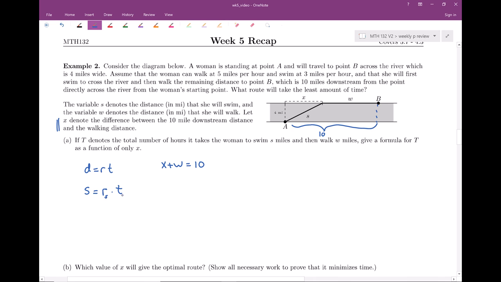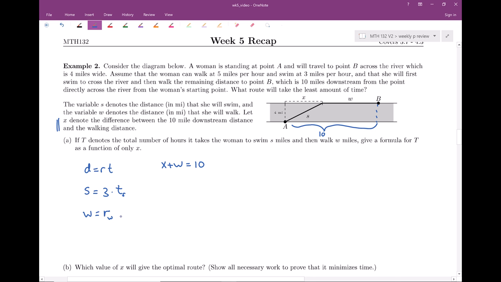We can use little subscript notations for swimming, and in fact we see that she can swim at 3 miles per hour, so her rate is 3 here. That's the swimming stuff. Walking distance is going to equal walking rate times walking time.